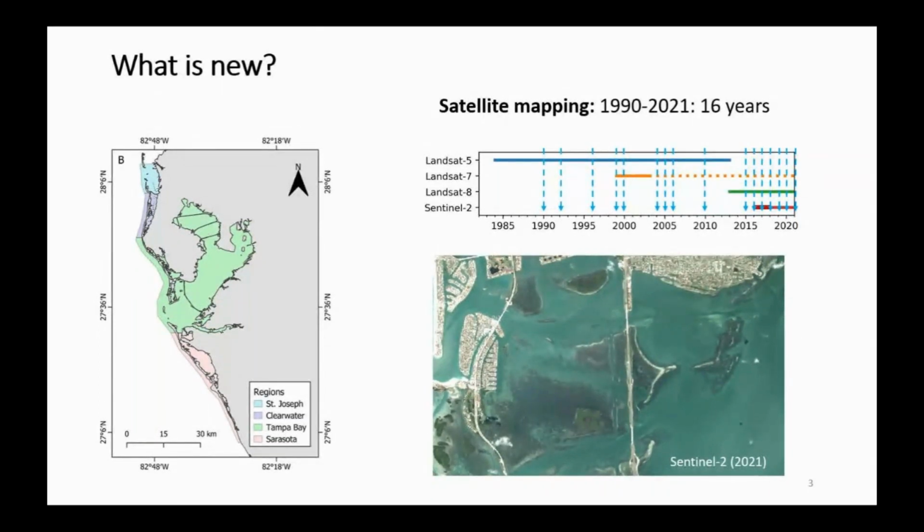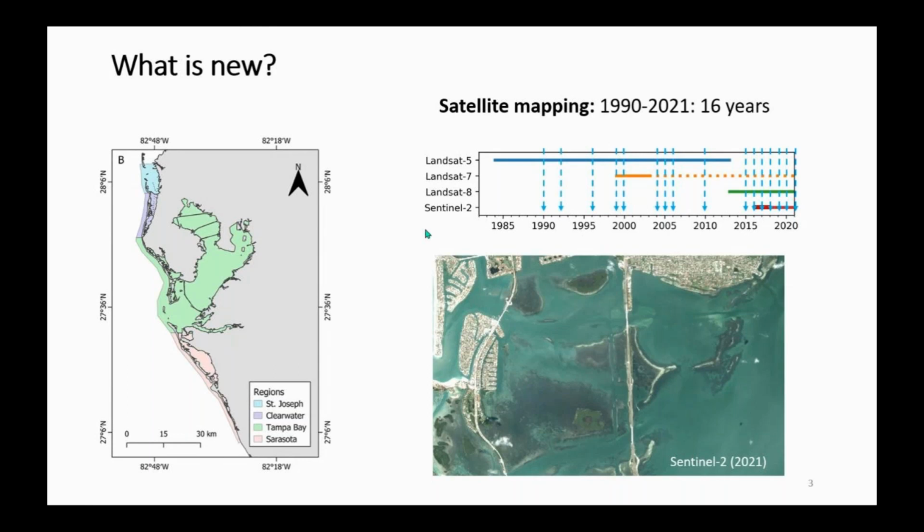We explored all the satellite imagery available from Landsat 5, Landsat 7, Landsat 8, and Sentinel-2 between 1990 and early 2021. We can see in this plot the temporal coverage of each of these satellites. We found imagery with good water and atmospheric visibility for 16 years between this period of time.